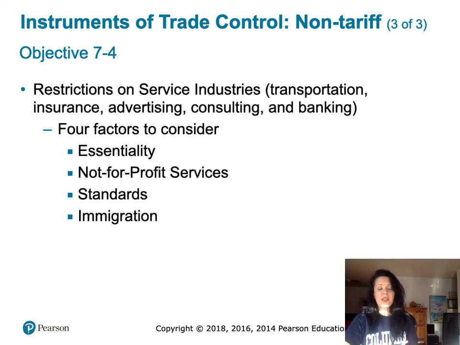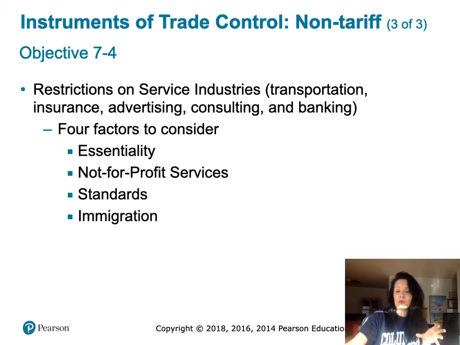In the case of standards, for instance, some services require face-to-face communication and interaction between the professionals and the clients. And governments sometimes limit entry into many of them because they want to ensure practice by qualified personnel.